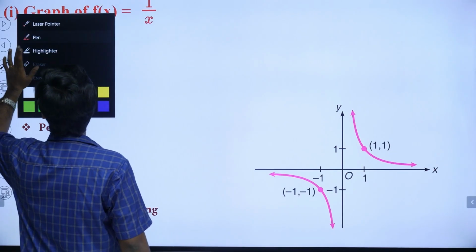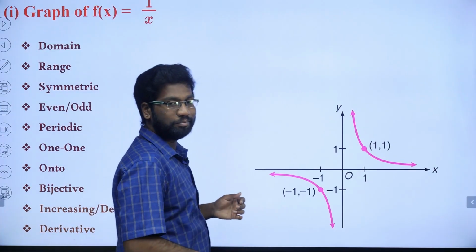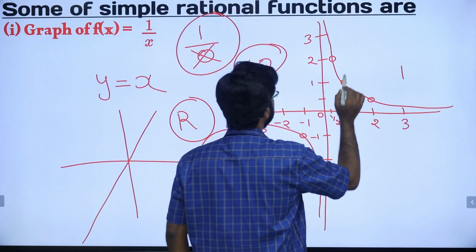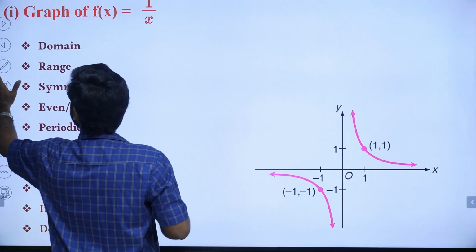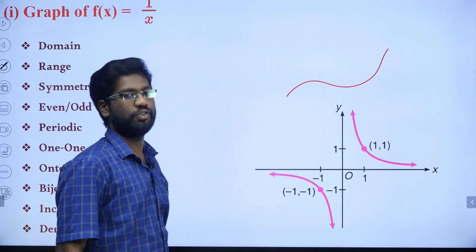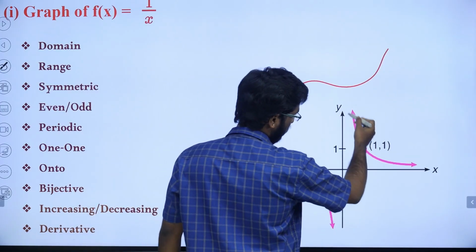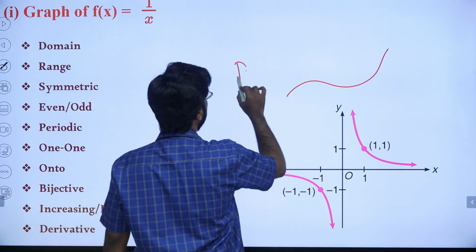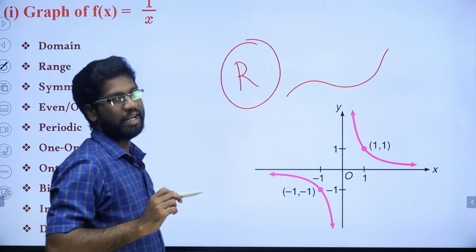Oh, I have erased everything. Okay, fine. Here you can see this is not a continuous graph like this. Here these two are discontinuous graphs. So for the entire R, this is not a differentiable function, my dear students.